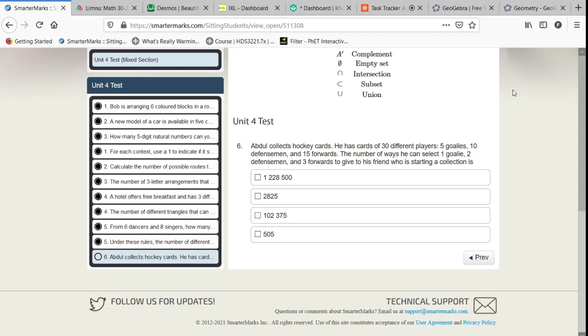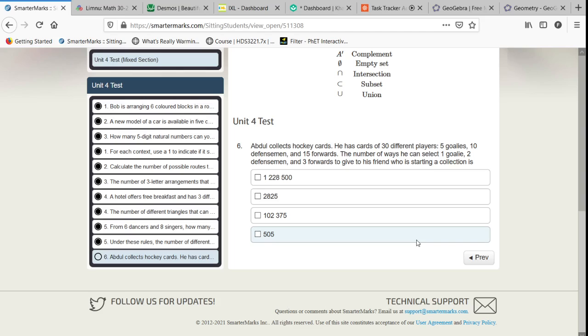All right. And the last question on the test. Abdul collects hockey cards. He has cards of 30 different players: 5 goalies, 10 defensemen, and 15 forwards. The number of ways he can select 1 goalie, 2 defensemen, and 3 forwards to give to his friend who is starting a collection is what?